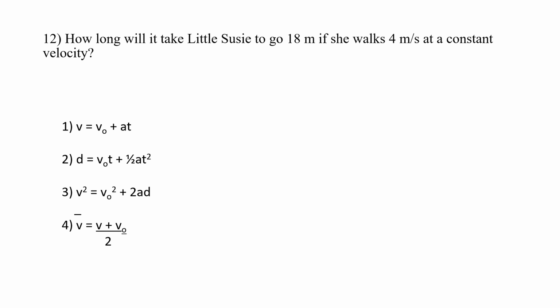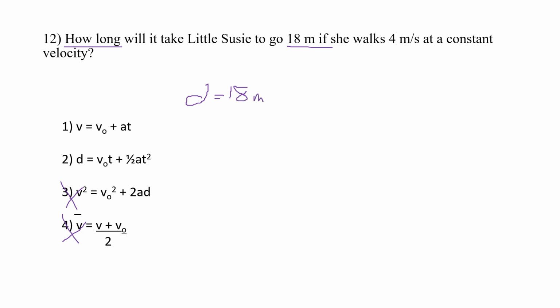So if we look at this one and it says how long, that's time, I already know I can eliminate these two. Let's look for patterns, because the variable time is not in equation 3 or 4. How long will it take little Susie to go 18 meters? Distance equals 18 meters.